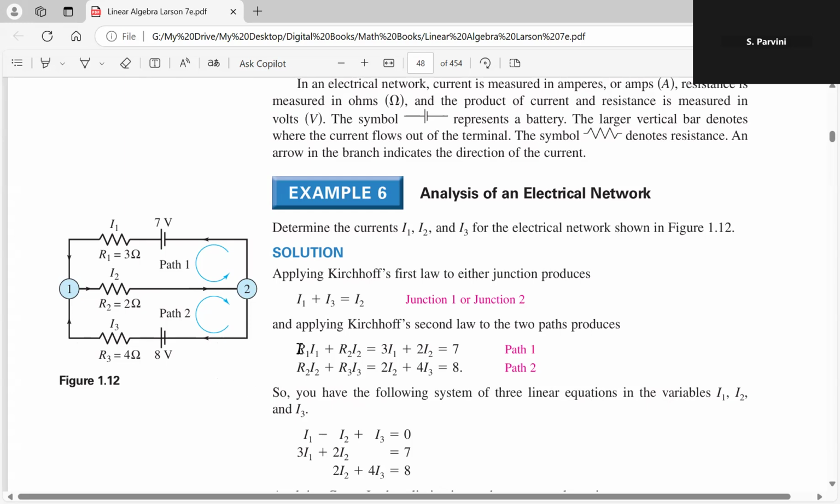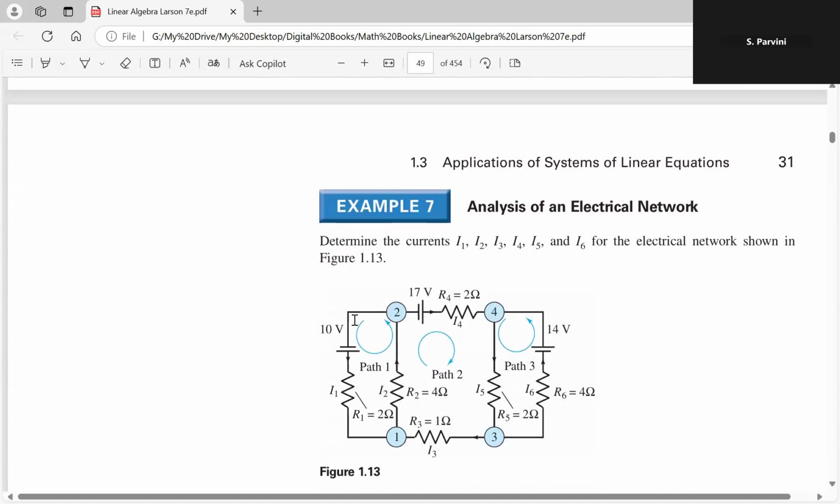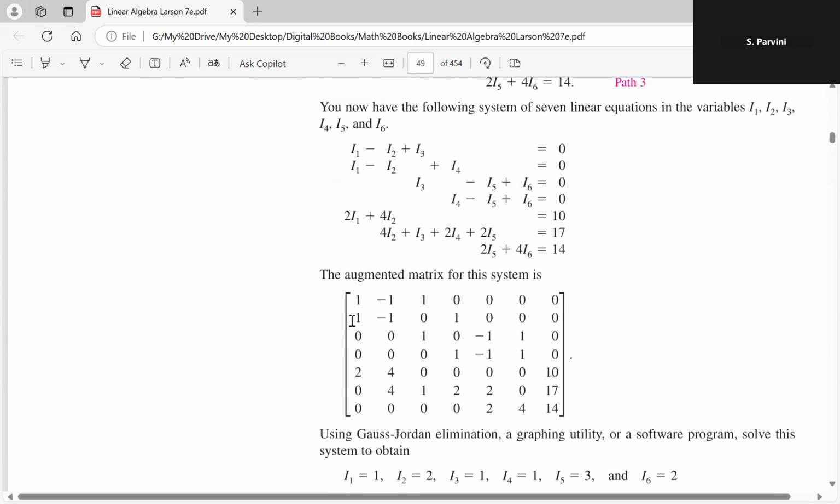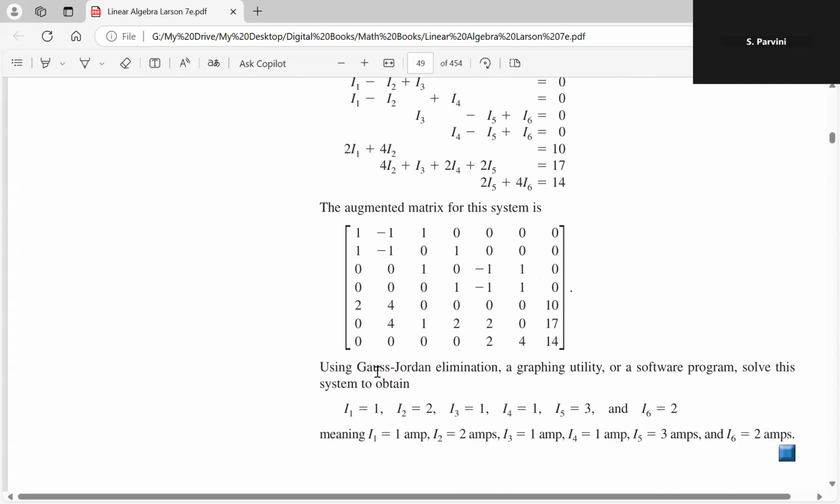All right. Now, let's actually do an example ourselves. And we'll look at this one, guys. Wow. 1, 2, 3, 4, 5, 6, 7 equations, and 6 unknowns for this one. Imagine doing Gauss-Jordan.